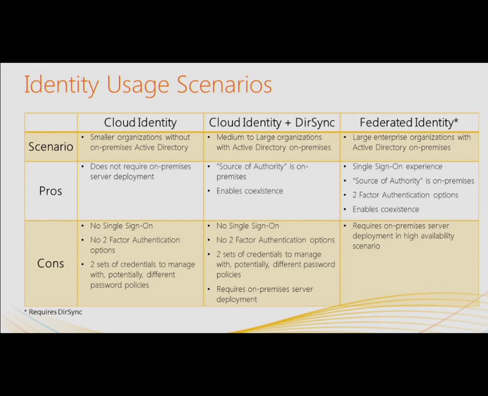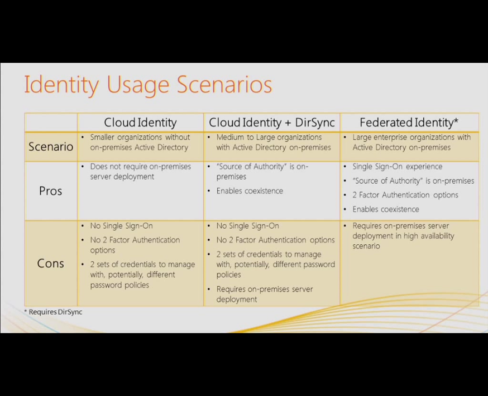If we want to use the same password and the same credential to access our local Active Directory, for example, and the Office 365 subscription or portal and so on, we need to go a bit further, a bit deeper, and implement what we call federated identity.